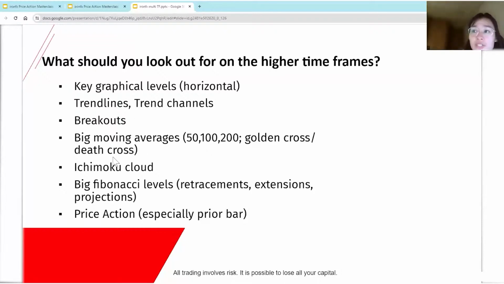These big moving averages and Ichimoku are the indicators that you would use after doing all of this technical analysis. Big Fibonacci levels, those we cover more in depth in our Fibonacci series. And lastly would be your price action, especially the prior bar. So this is what I was talking about today with the candlesticks and all of that.